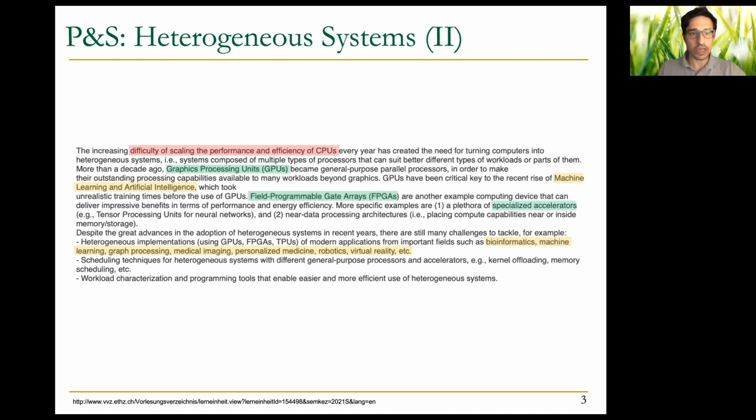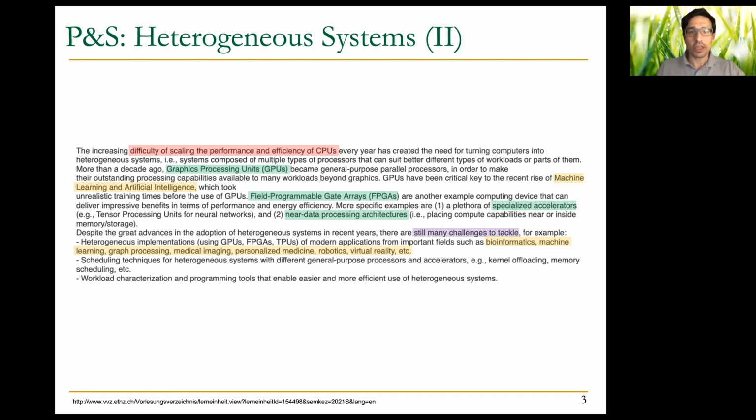There are also specialized accelerators, like for example, neural processing units or tensor processing units that are being used for training and inference of neural networks, and even more recently, a very interesting trend that connects this P&S with other P&S is near data processing architectures, right? So it's, I would say, the most recent trend in the availability of heterogeneous devices.